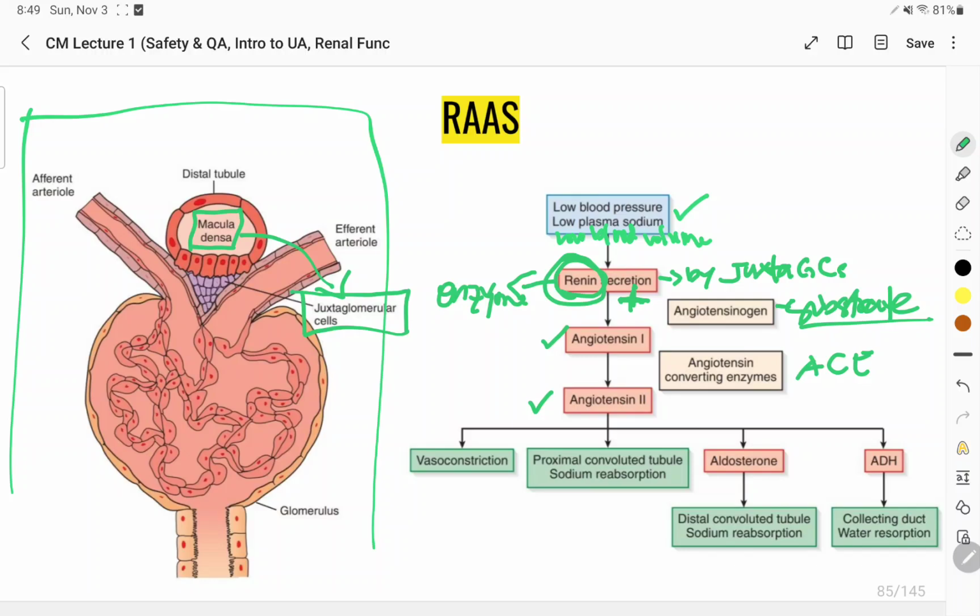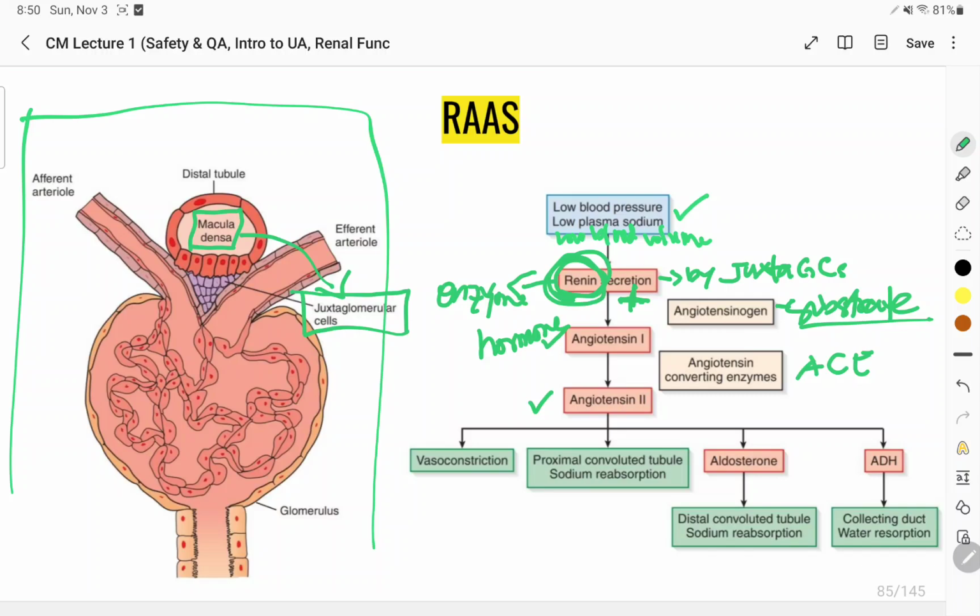So renin is an enzyme, and it reacts with its substrate angiotensinogen to make the hormone angiotensin.